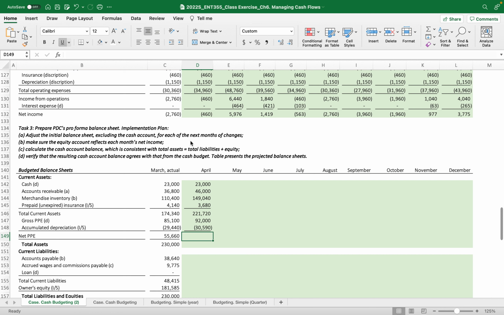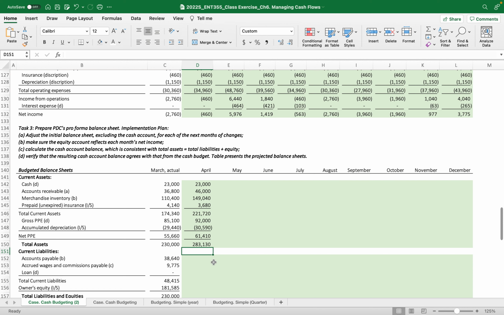Then we increase the accumulated depreciation accordingly. And then the total net PP&E is just the sum of these two. The total asset is total current assets plus net PP&E. So we have this total asset balance.